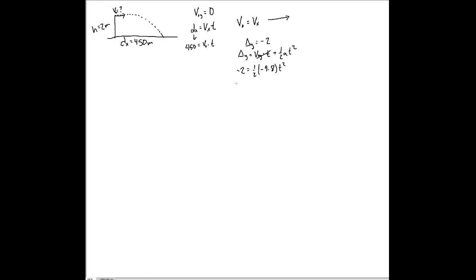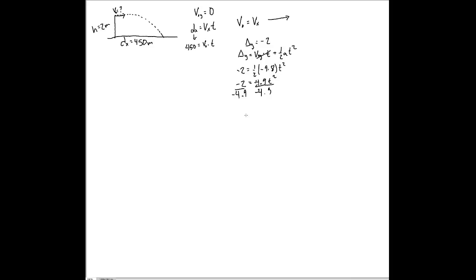So negative 2, and half of negative 9.8, you guys should be able to say that off the top of your head, is negative 4.9. And so negative 2 divided by negative 4.9, we're going to divide both sides here. Divide by negative 4.9, divide by negative 4.9.